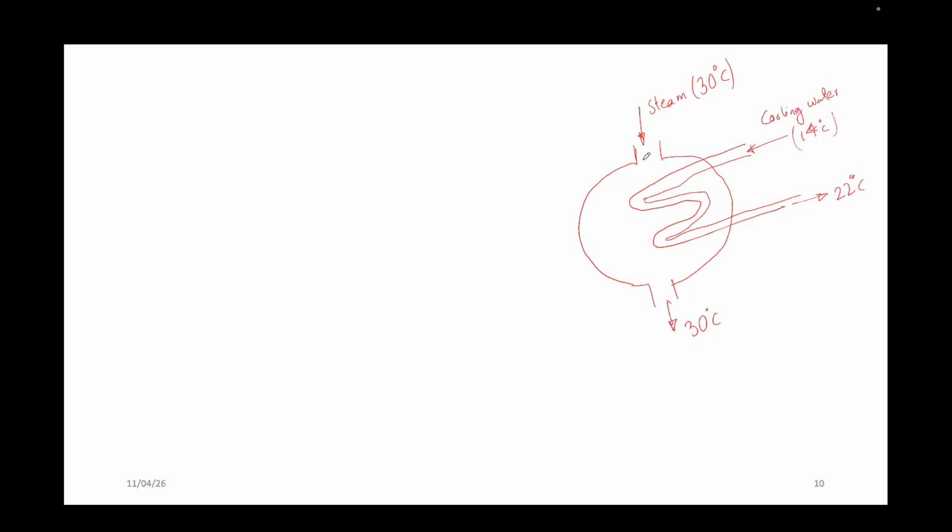Because the steam is at higher temperature, when it comes in contact with the colder water surface, what will happen to the steam? It will condense.